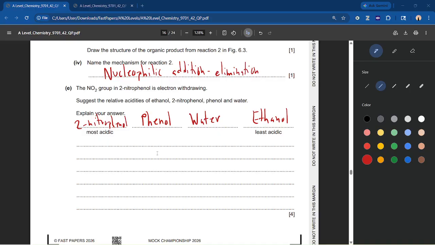And ethanol is the least acidic because ethanol has a positive inductive effect because it has an electron donating alkyl group. So if we were to write all of this down, one second. So we start with 2-nitrophenol.